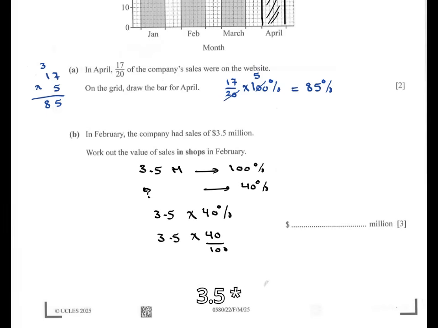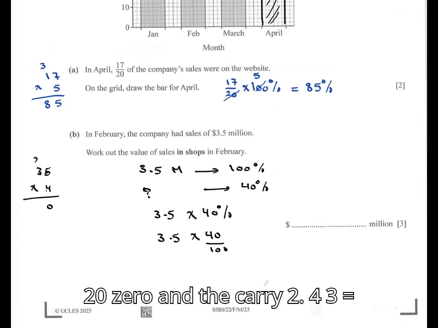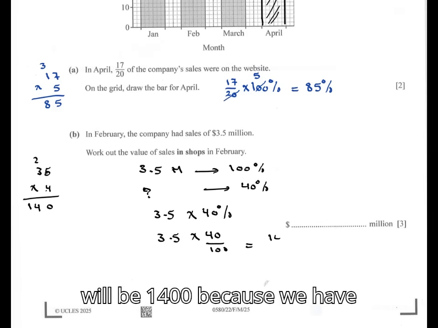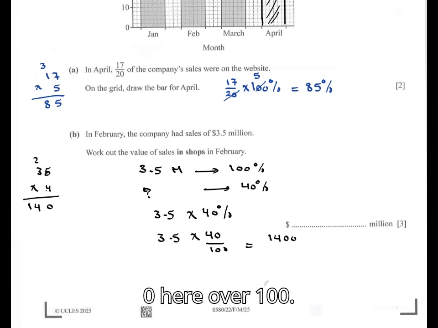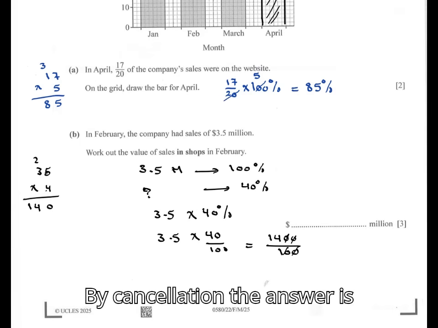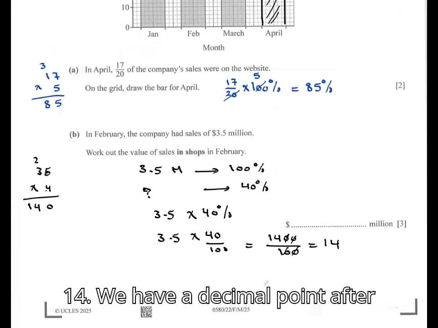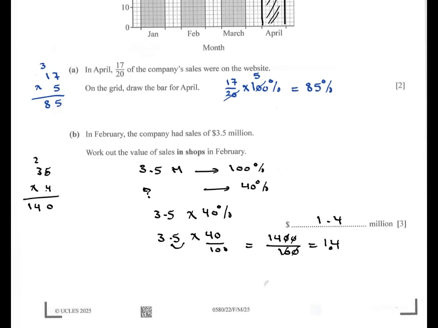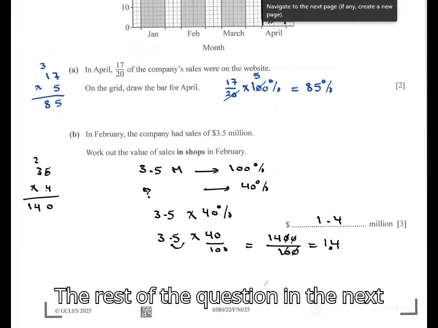To multiply 3.5 times 40, 35 times 4. 4 times 5 equals 20, 0 and carry 2. 4 times 3 equals 12, 12 plus 2 equals 14. 140, so the answer will be 1400 because we have 0 here, over 100. By cancellation, the answer is 14. We have a decimal point after one digit, so the answer will be 1.4 million. The rest of the question is on the next page.